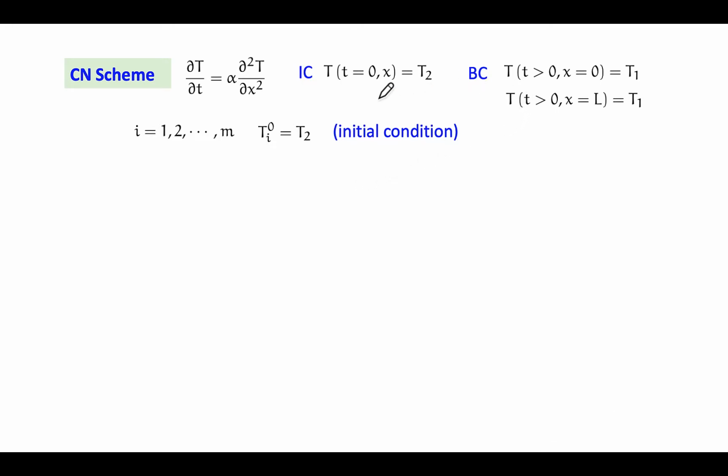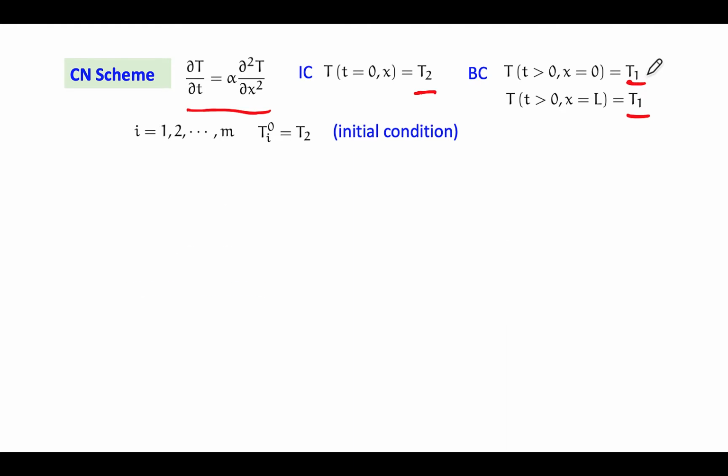Taking the same problem, del T by del t equals alpha del 2T by del x2, with an initial condition of T equal to T2 and boundary condition T equal to T1. So we know that here at the end, if I run this case, in long time the temperature everywhere will come down to T1.